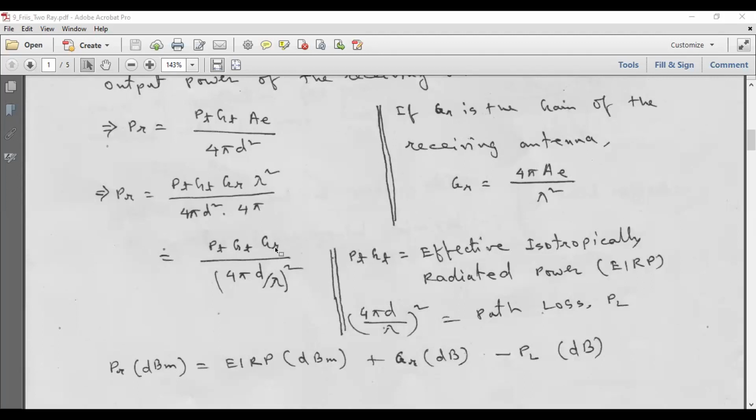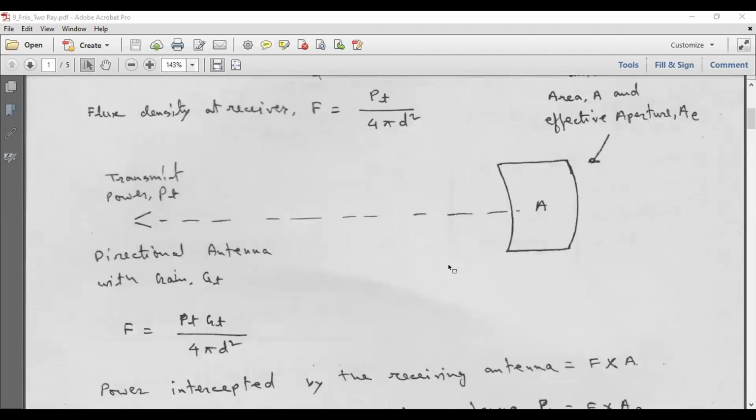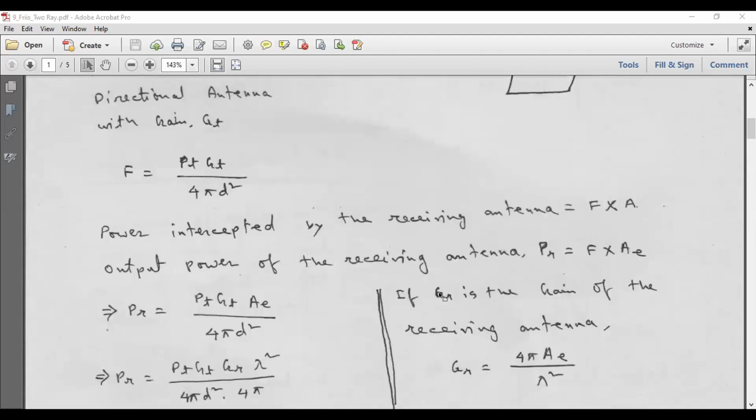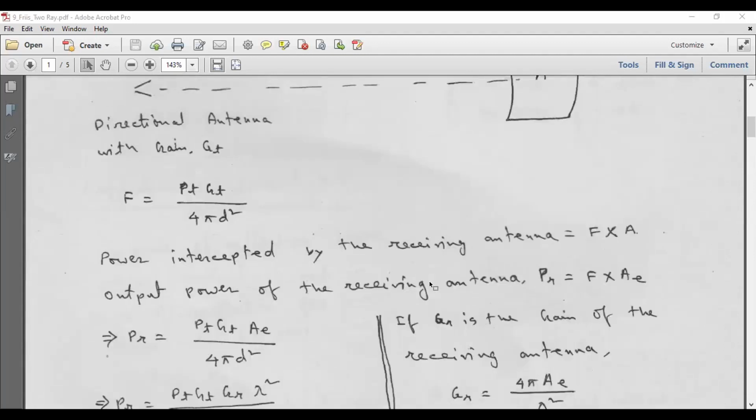Increase GT or GR, they increase your receive power. Now, in the denominator, you have the distance, and we know that if the distance increases, our power will decay. But how it is affecting depends on the environment.